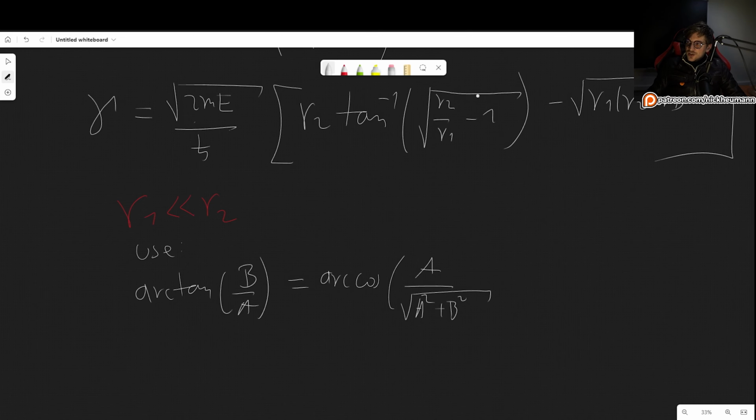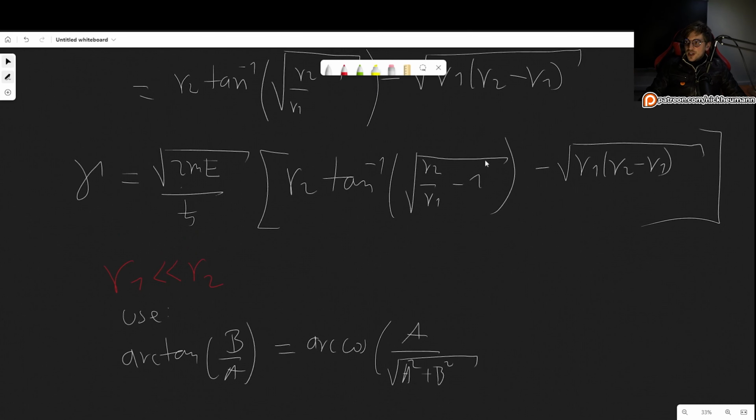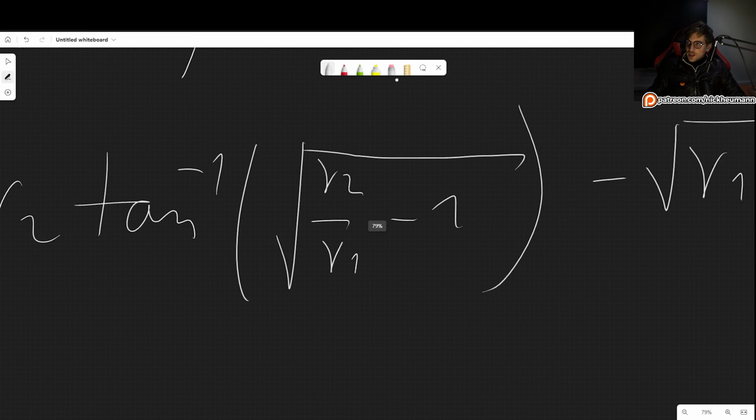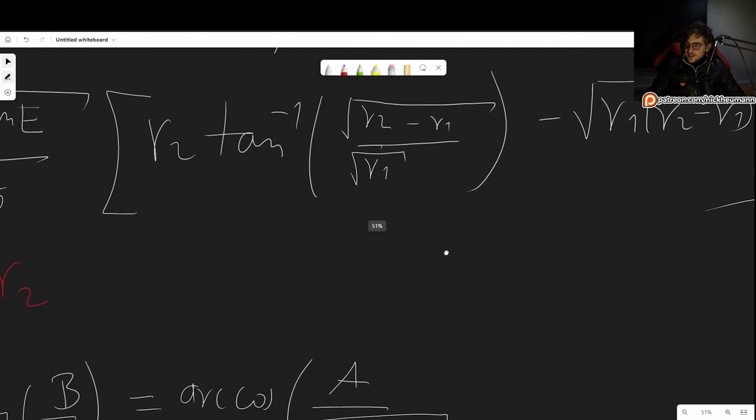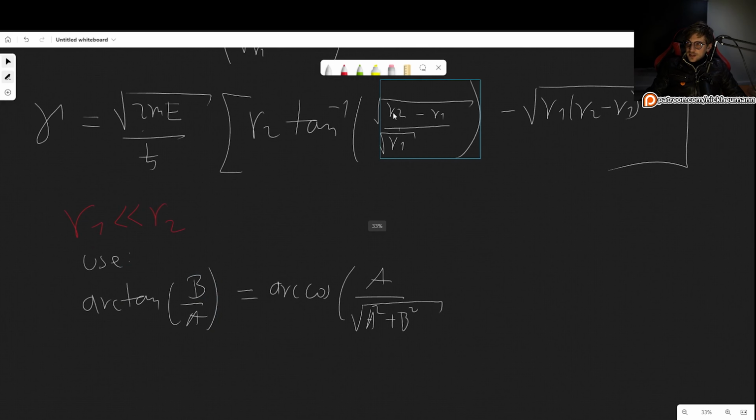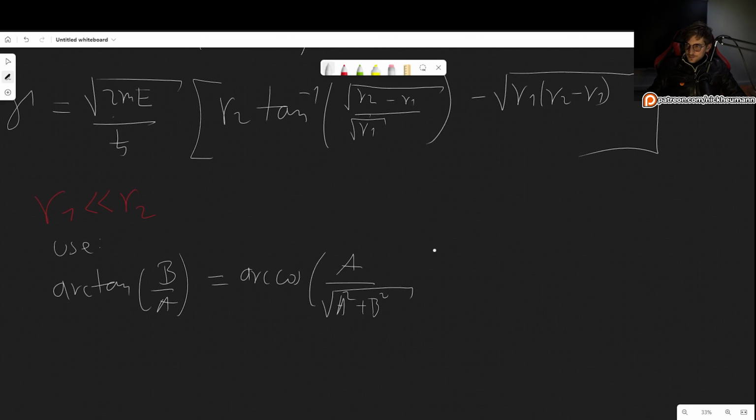Now, in our case, we don't have it written this way, but we can easily do it. So let's take common denominator. So this will be r2 minus r1. And let's separate the square root just for clarity. So here we can clearly see that b is square root of r2 minus r1, and a is the square root of r1.